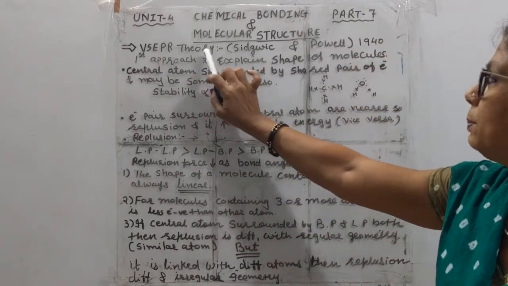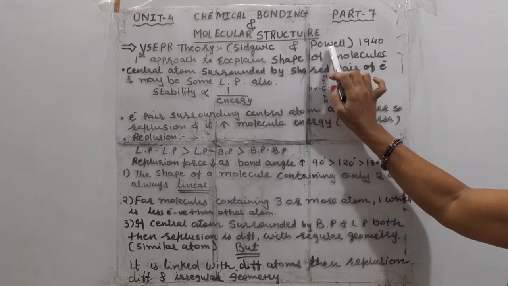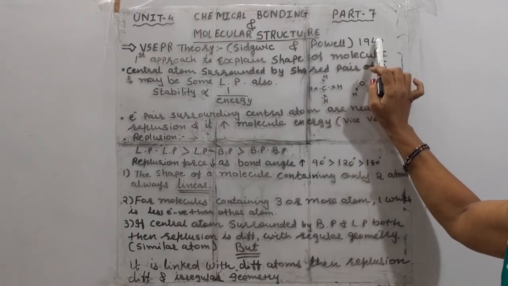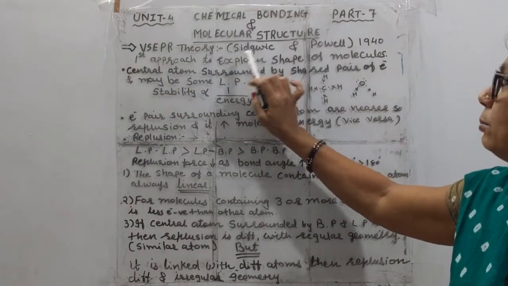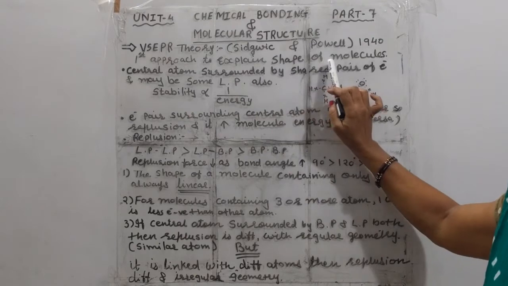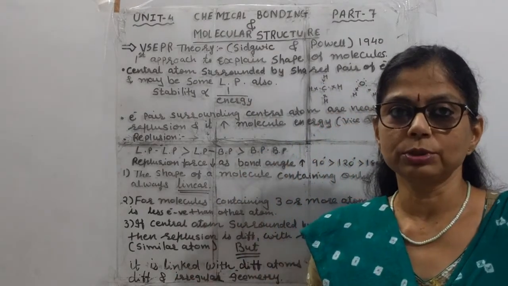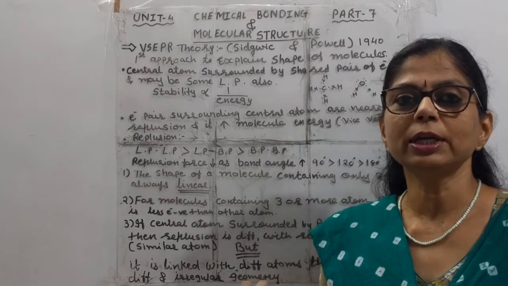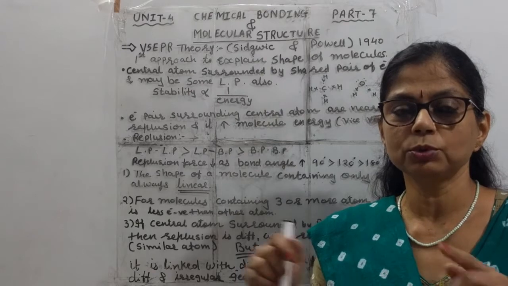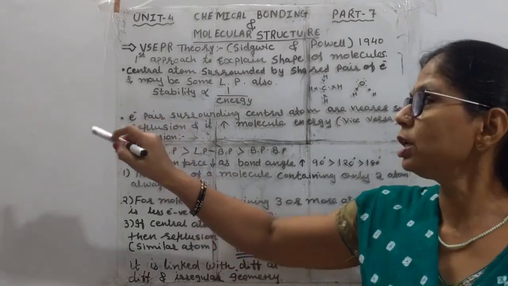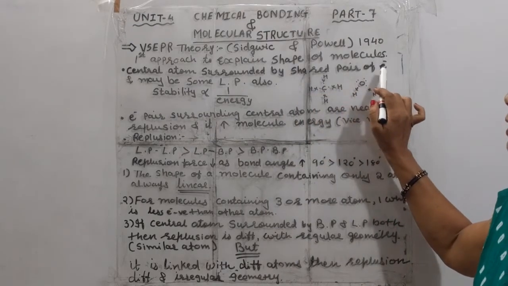Here, as I said, Sidgwick and Powell gave the VSEPR theory in 1940, the first approach to explain the shape of molecules. Now what are the postulates? The first point to keep in mind to draw the geometry: the central atom is surrounded by shared pairs of electrons.